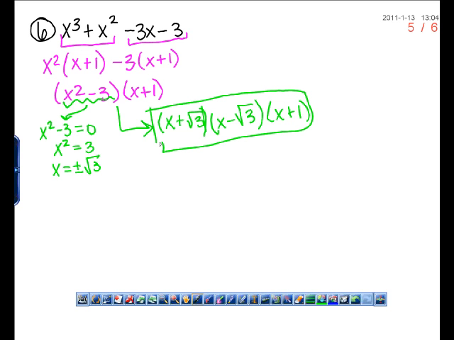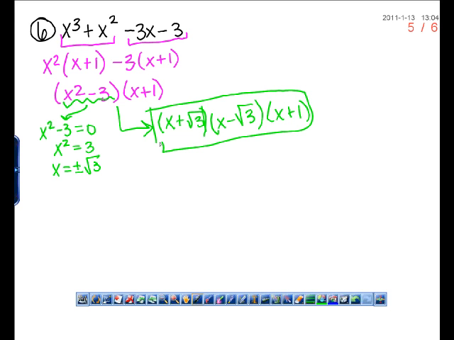What's a quick and easy way to check to see if you forgot your plus or minus? That would be one way to check, but I'm talking even easier. What's the degree of this polynomial? 3.